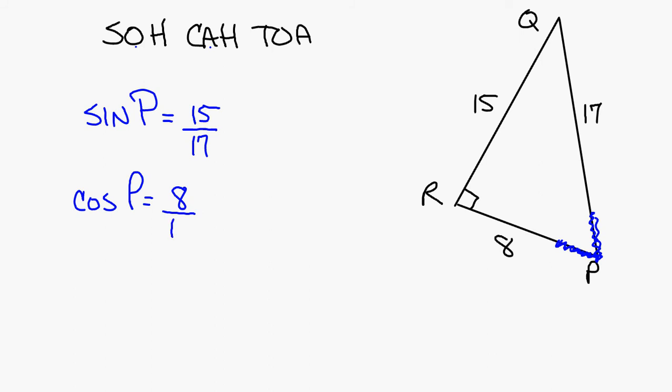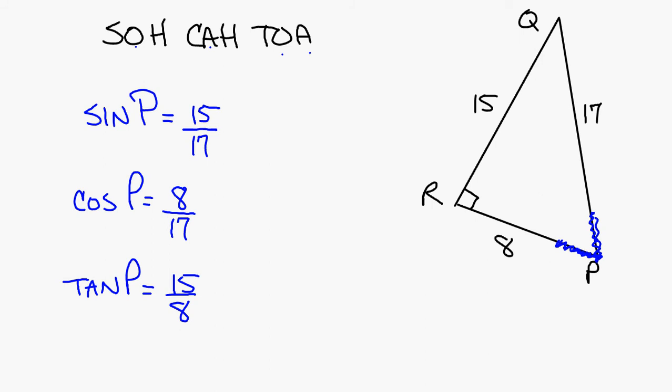And then your tangent of angle P. Tangent is equal to opposite over adjacent. So the side that's opposite of angle P is the 15 again, and the side that's adjacent to angle P is the 8. Those are your 3 trig ratios for angle P.